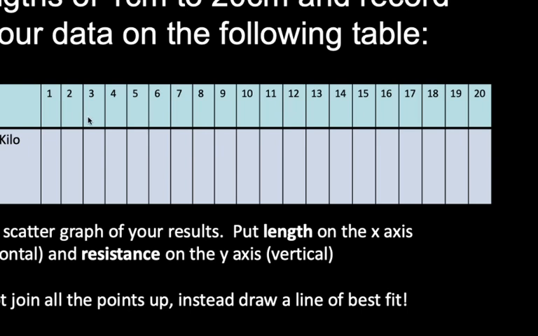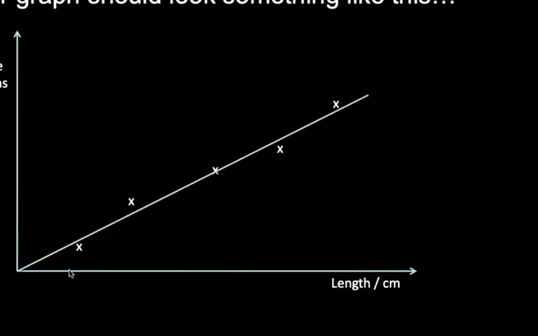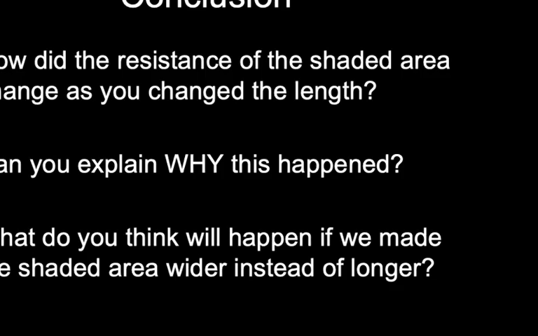Remembering to include each of these points and draw a line of best fit, as this is just experimental data, nothing is perfect. And we should get something that looks like this, where we can see a nice direct proportionality between resistance and the length or the distance between our two nodes.